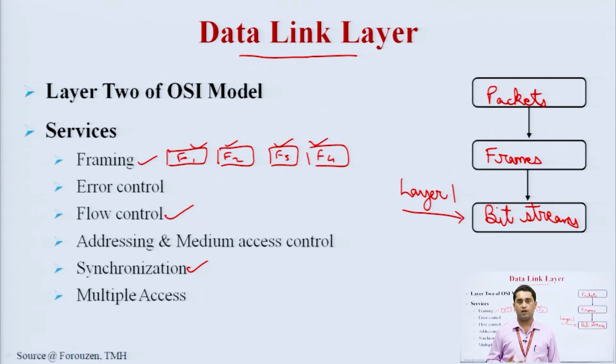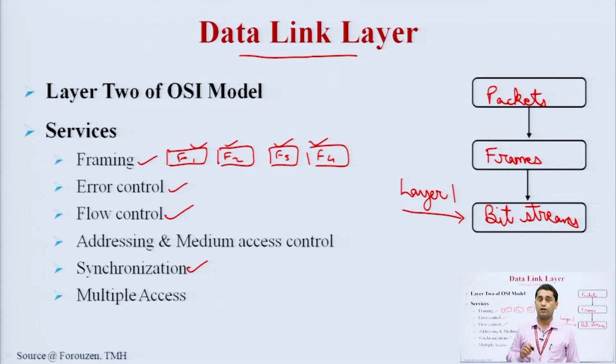Suppose I have sent "I am Harsh Khattar" and you are receiving only "I am Khattar", which means some data is missing, there is some sort of error in the data you are retrieving. Or maybe I am saying "I am Harsh Khattar", but you receive "I have Harsh Khattar", which means "am" is replaced by "I have". This is known as error control, and the data link layer is there to deal with this.